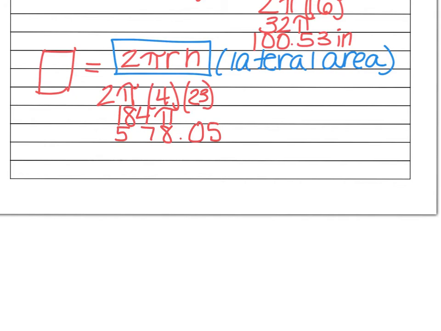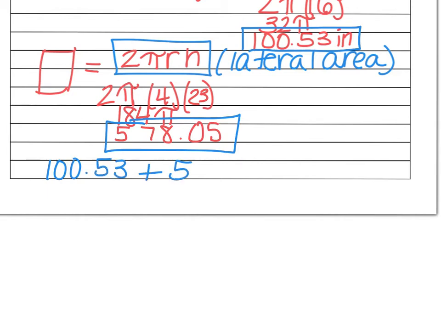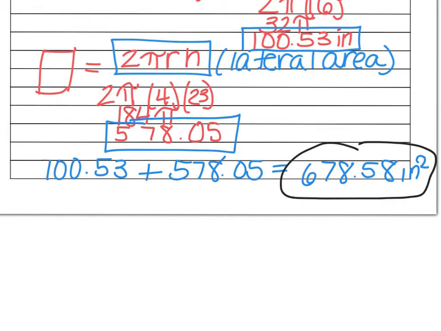We have to add our 100.53, which was the two bases, plus this 578.05, and when we do that, we will have the surface area of the cylinder. And it's inches squared, because we are talking about area.